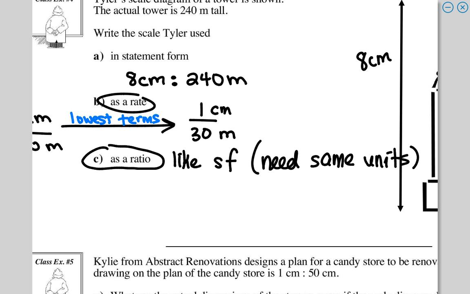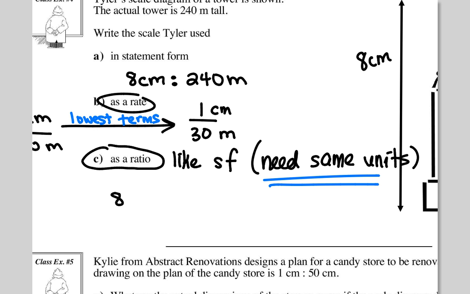Now, the hard part is the ratio. The ratio is like the scale factor, and you need the same units. So which one are we going to convert, centimeter or meter? Meter.